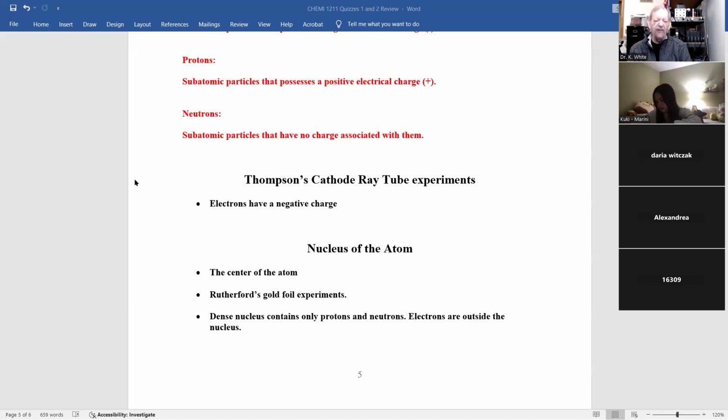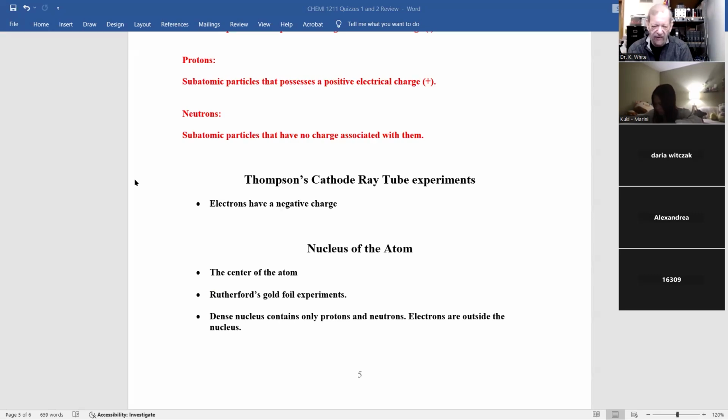Rutherford's gold foil experiments, I talked about it in the video, found out that the dense nucleus, the center of the atom, contains only protons and neutrons. And later they found out, we'll talk about it in later chapters, the electrons are around the nucleus.